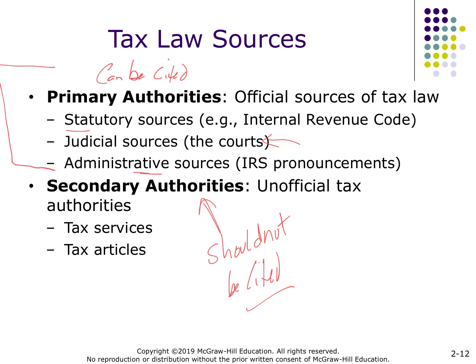So they're unofficial authorities. I would be a secondary authority, all right? As knowledgeable as I am, you do not want to go to your tax partner in your office and say, well, Professor McFessel said Internal Revenue Code section 162, and then quote the code, not Professor McFessel.